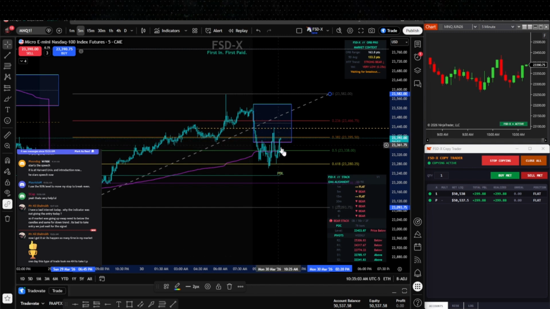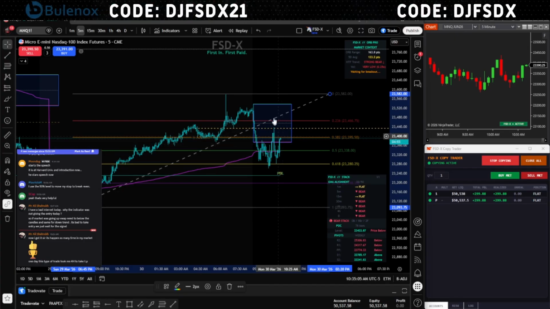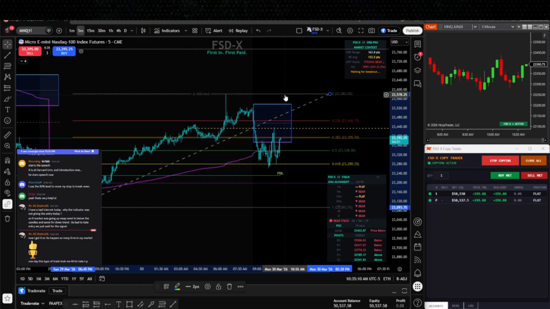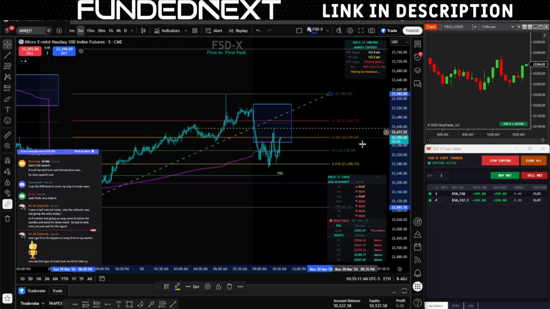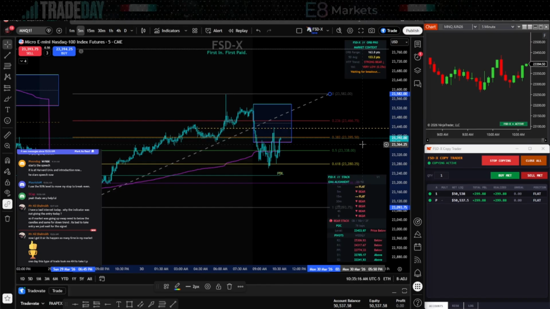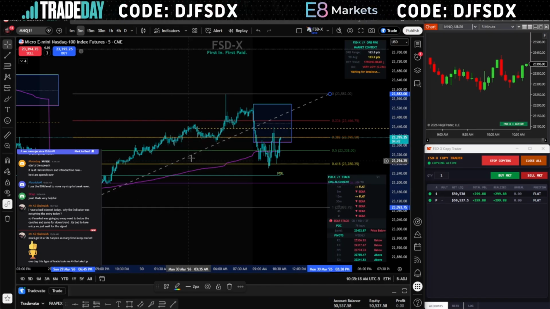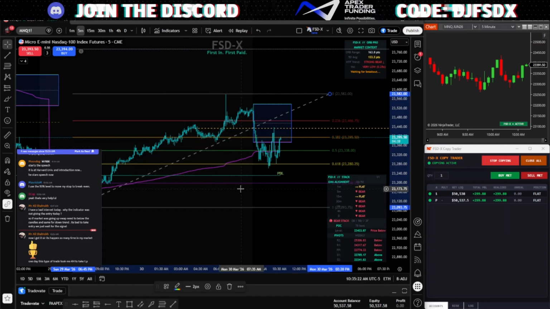Let's see if we have problems at this level here. If not, I would like to see a break, a retest of it, and a continuation. Something like that. These are just ideas. But you can see how it perfectly balanced off that 618 level.